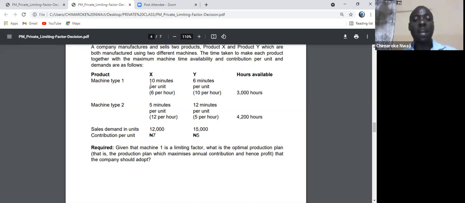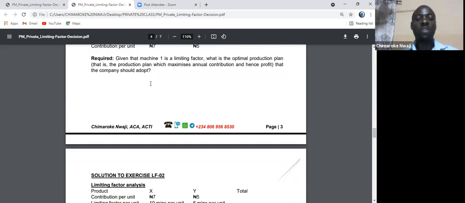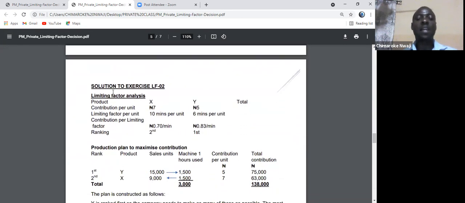So machine type 1 for X is 10 minutes per unit. Machine type 1 for Y is 6 minutes per unit. And what are we going to do next? We are going to do step number 4.